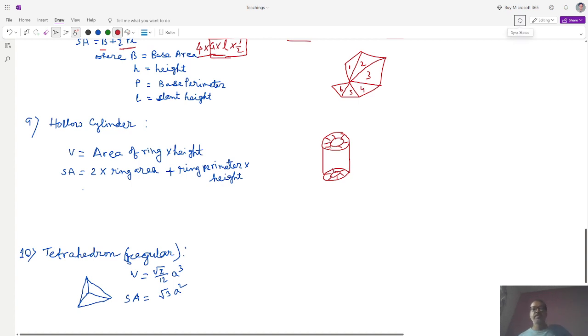The middle part is hollow. How do we calculate it? The base area is the ring area. We know that this is pi capital R square minus small r square, where small r is the inner radius and capital R is the outer radius.